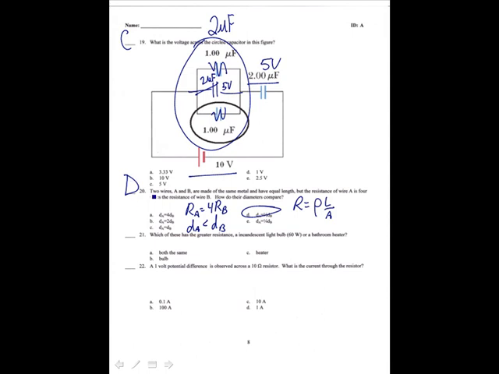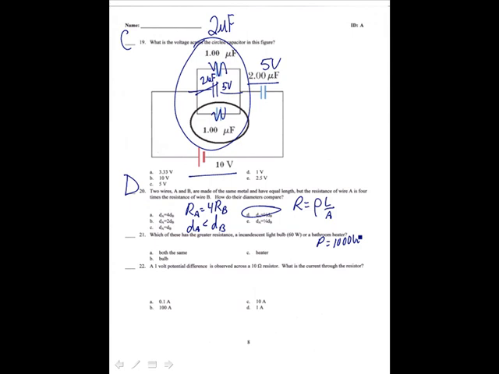Which of these has a greater resistance, an incandescent light bulb or a bathroom heater? You're supposed to realize that the power of a bathroom heater is a lot more than the power of a light bulb. It gets a lot hotter, so it has a much higher power rating. For example, the power of a bathroom heater can be on the order of 1,000 watts.